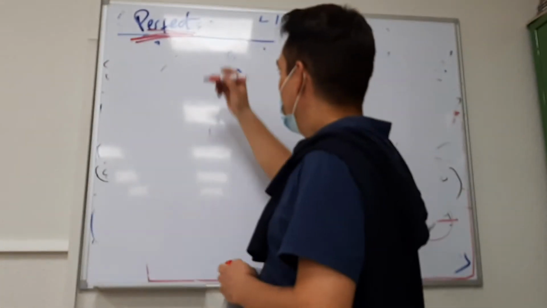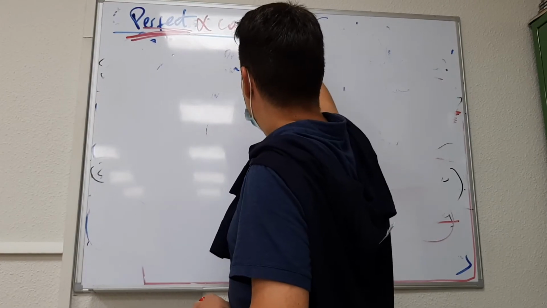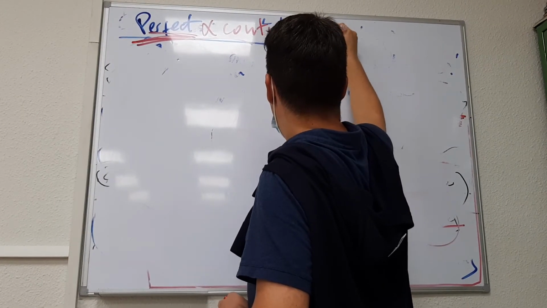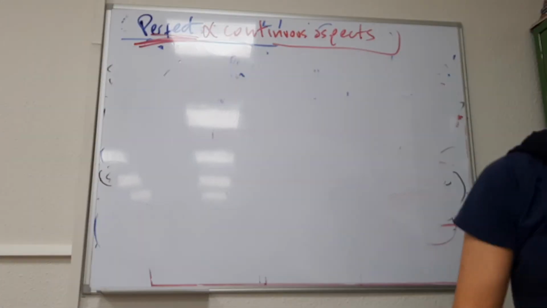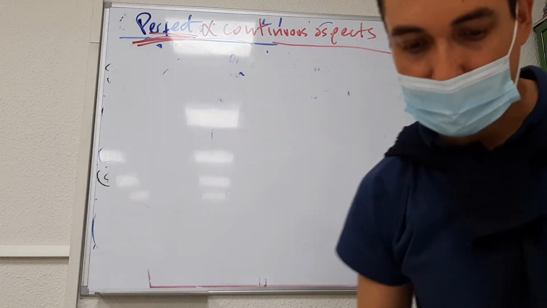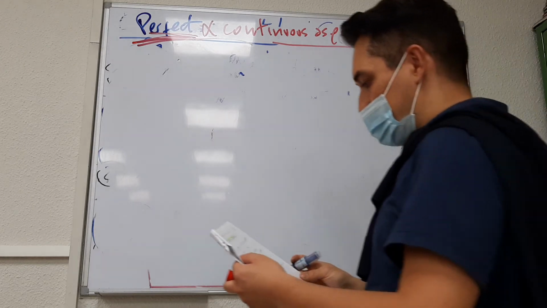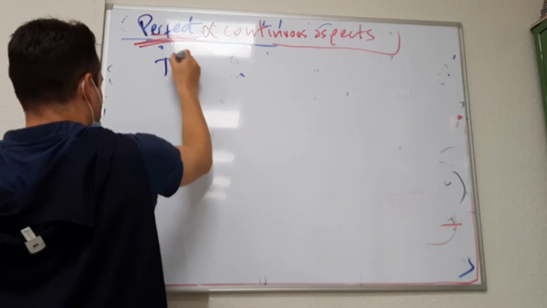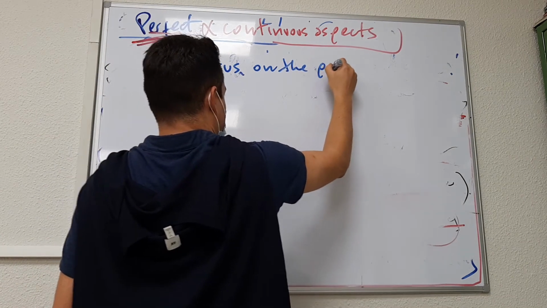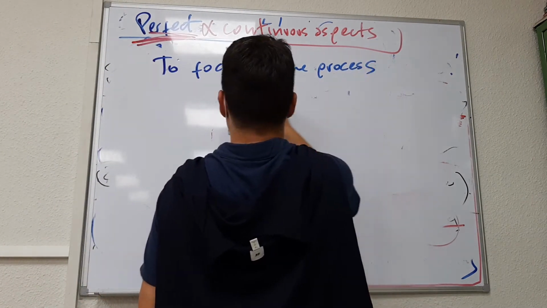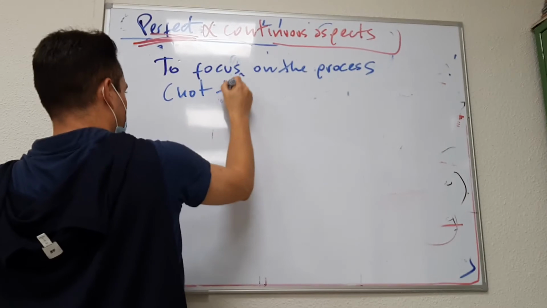Perfect and continuous aspects. Let's combine the aspects together. So one of the possible combinations is to focus on a process or activity, not the result. Okay? To focus on the process, not the result.